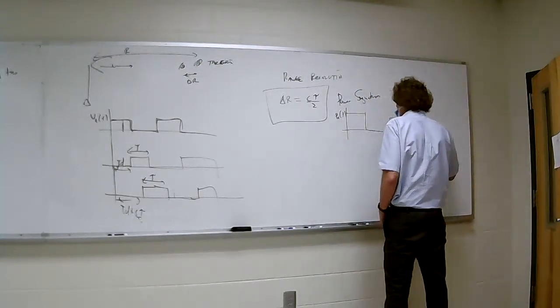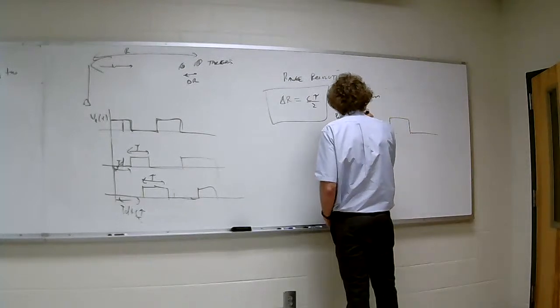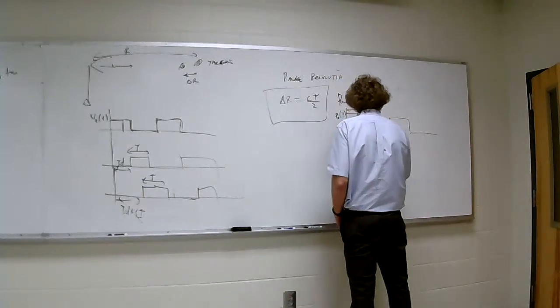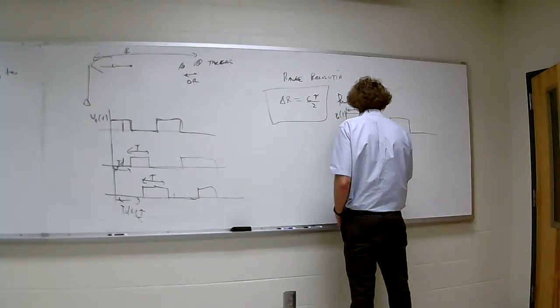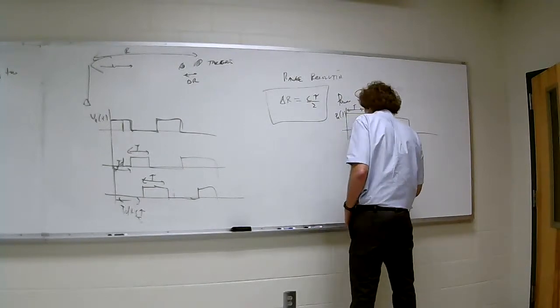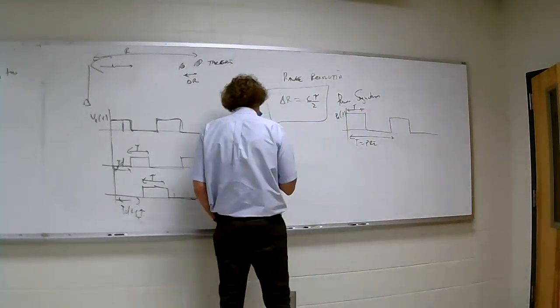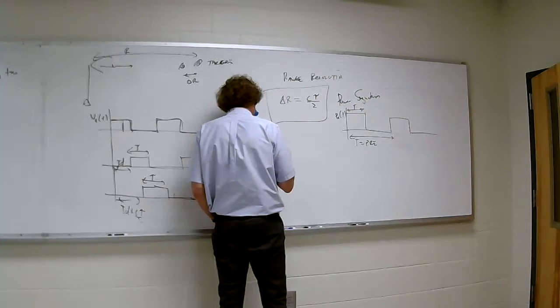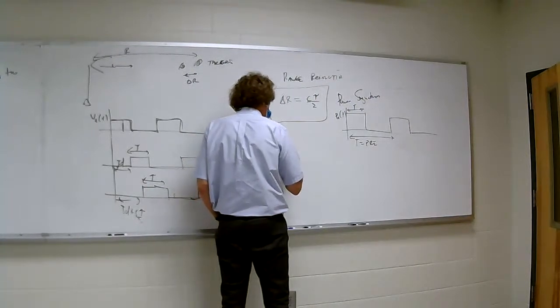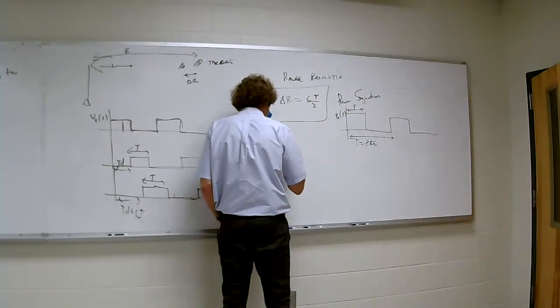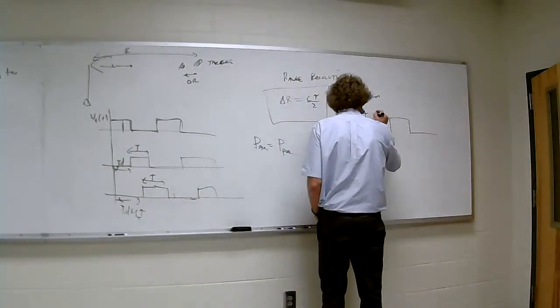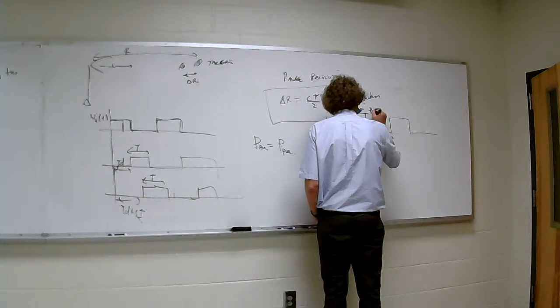It's on and it's off. This is tau. This is going to be capital T, or the PRI. And therefore, the average power, P average, would be equal to the peak power. I'm just going to label that as peak power.